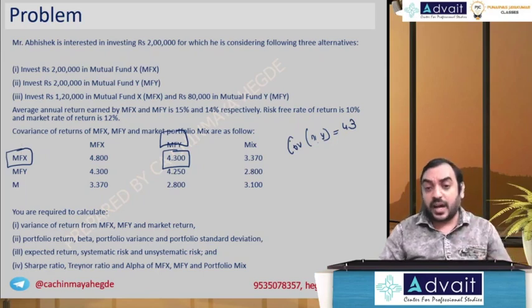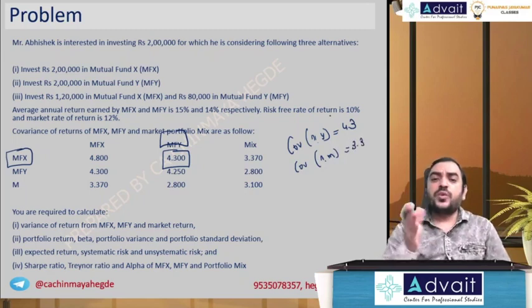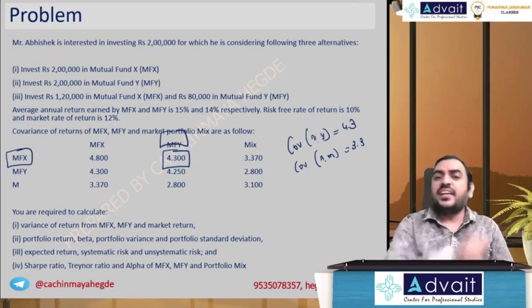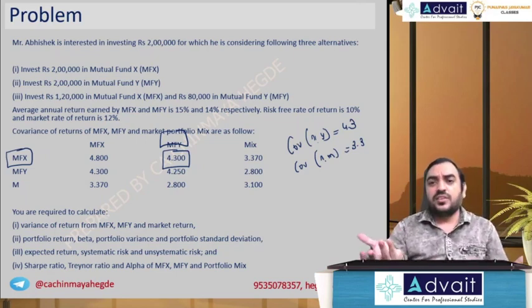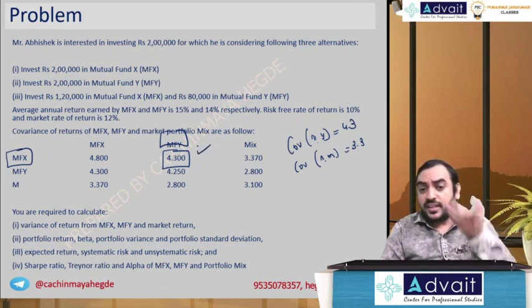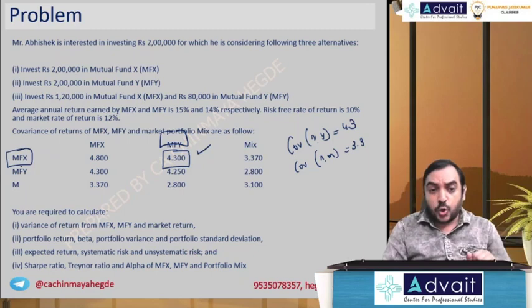Similarly, covariance between X and market is 3.37. Is covariance between X and Y same as Y and X? Of course, X, Y and Y, X both are same. Covariance between X and Y we told 4.3. You observe Y and X. Covariance between Y and X is also 4.3.